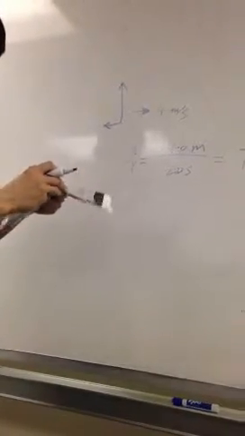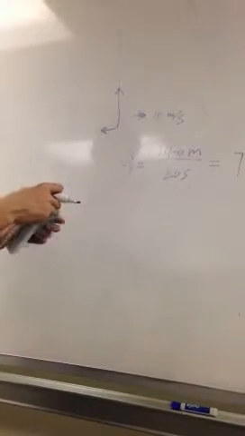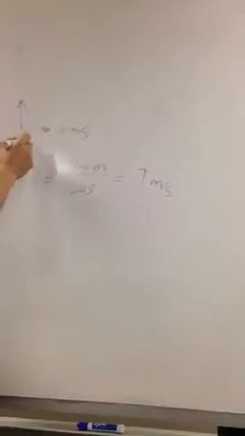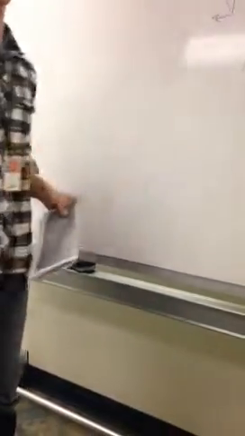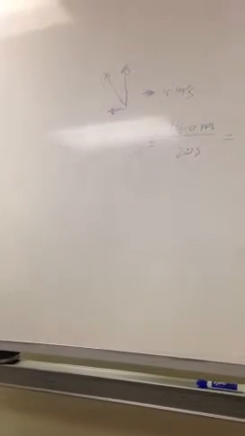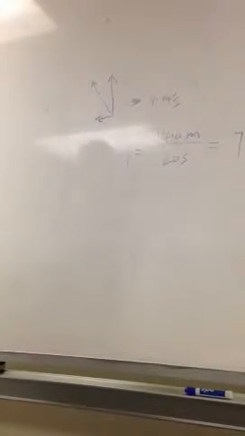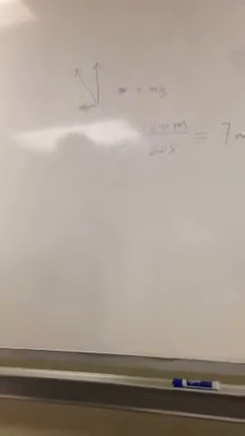In the end, the question is asking for the speed of the boat relative to the water. So it should be the addition of these two velocities. You have to get the velocity of the x and the velocity of y.